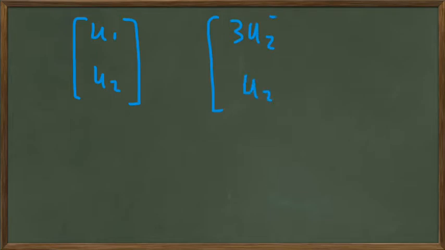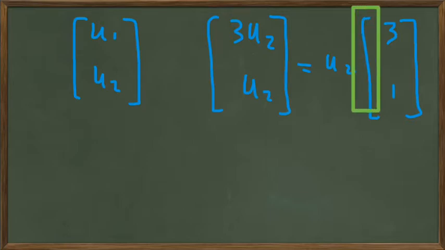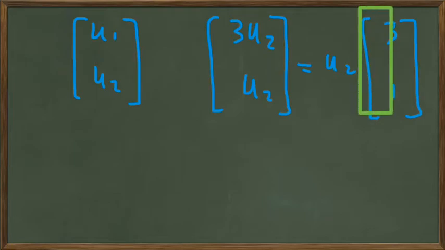So our eigenvector has this form, U1, U2, and we found that U1 is 3U2. So if we put 3U2 in for U1 and U2 in for U2, we don't change it, and we factor U2 out of there, we find that this entry is a 3 and this entry is a 1, and that relationship between the entries is the eigenvector.